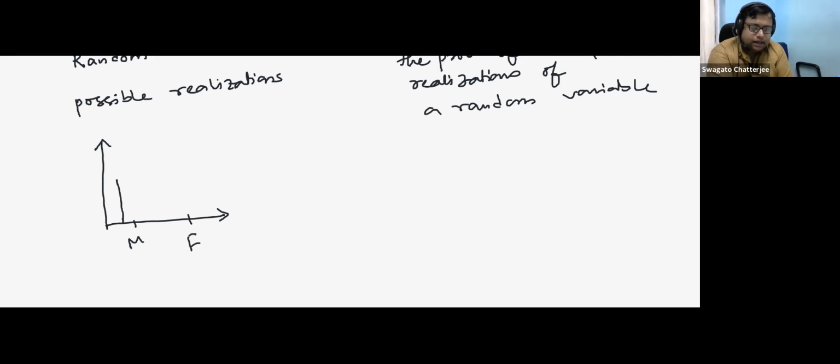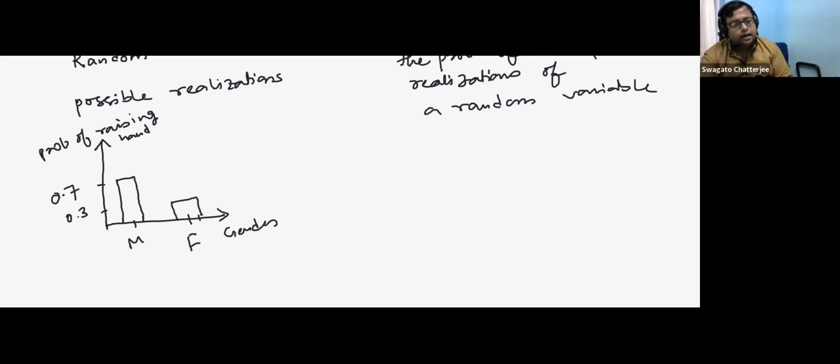So let's say I represent it like this: 0.7 probability versus 0.3 probability. This is gender. This is probability of raising hand. This particular picture is a probability distribution.